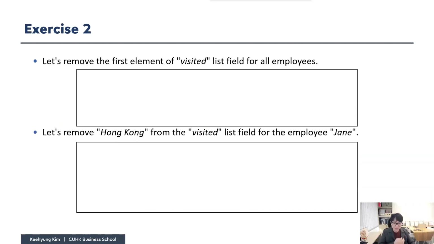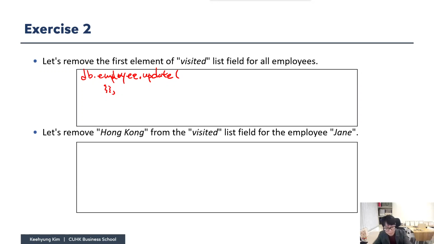So from the earlier data set, let's think about this exercise 2. We want to remove the first element of the visited list for every employee. Then we can design this query. So db, the employee. Again, you can try this later. Just for time concerns, I'll just show you the solution. I can use the update function for every employee.